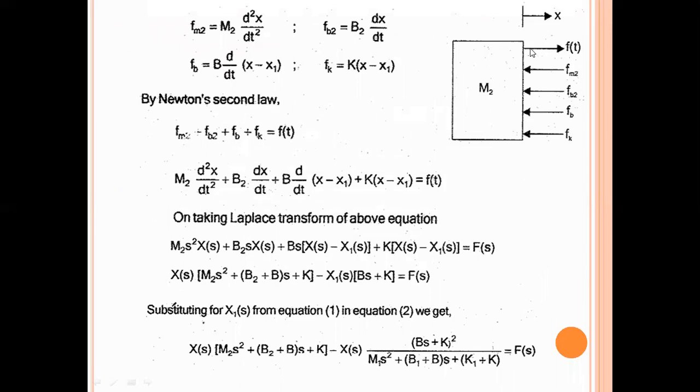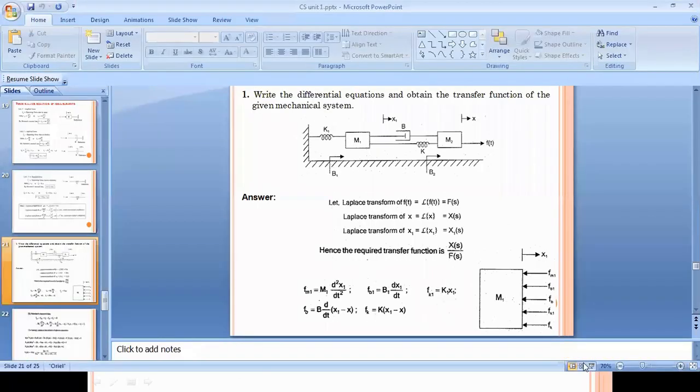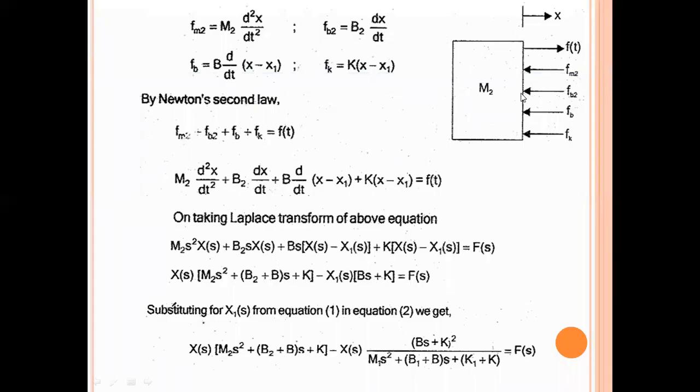You can see the direction: opposing forces and the applied force both have opposite directions. According to Newton's law, all the opposing forces must be equal to the applied force. However, we know Fm2 and Fb2, but Fb and Fk, which are connected between M1 and M2, experience two displacements, x1 and x.